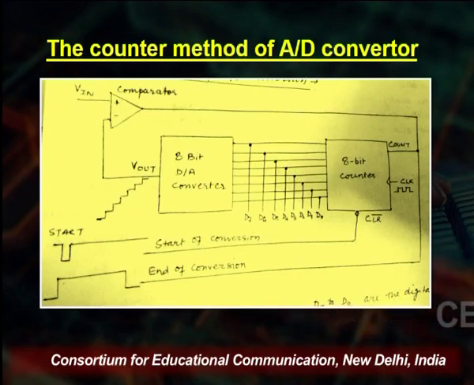So, in this way we are able to convert the analog input into digital output. There are a few things that we need to take care of while we are feeding analog voltage to the op-amp. The op-amp must be configured in open loop configuration.